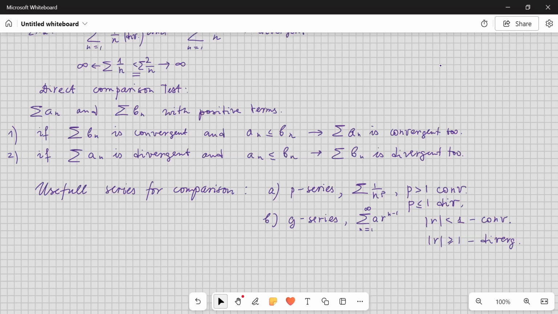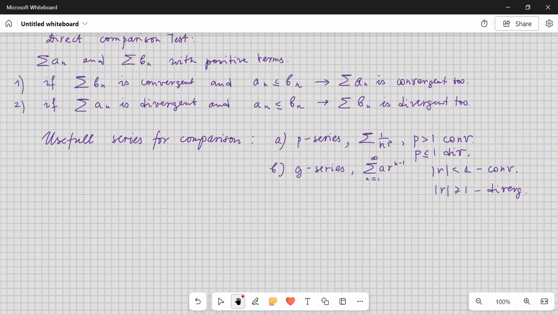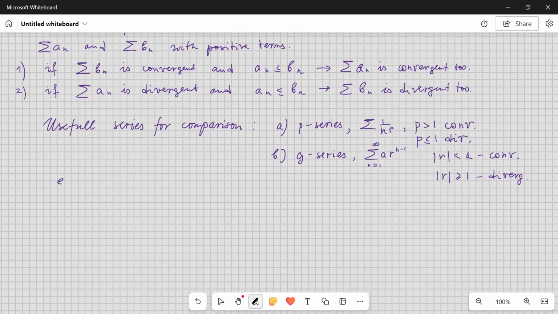Good. Now, guys, sometimes it's going to be very easy to build an inequality and see whether the series is convergent or divergent, but sometimes it's not. I'm going to consider example number 3. Remember, my first example was 1 over 2 to the power of n. It was a convergent geometric series with the sum equal to 1, right?